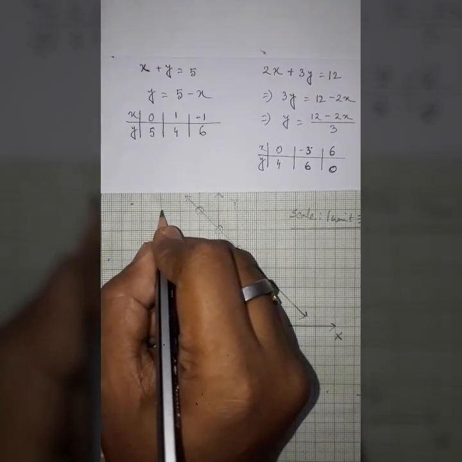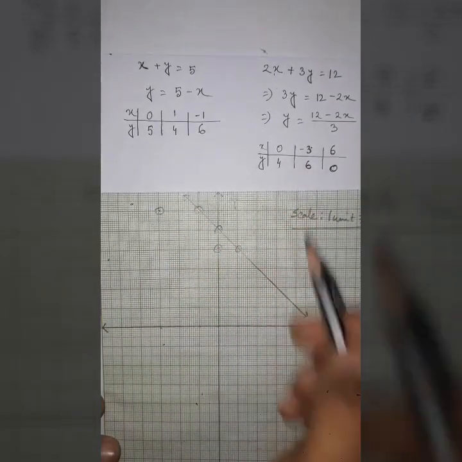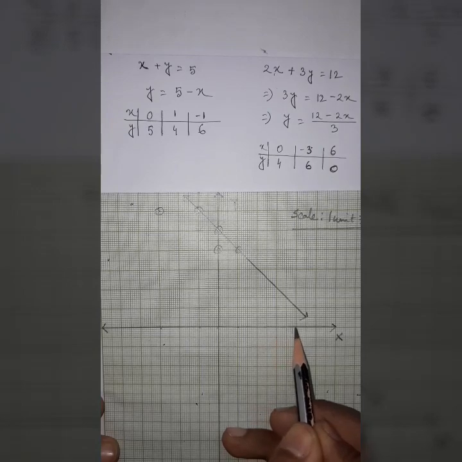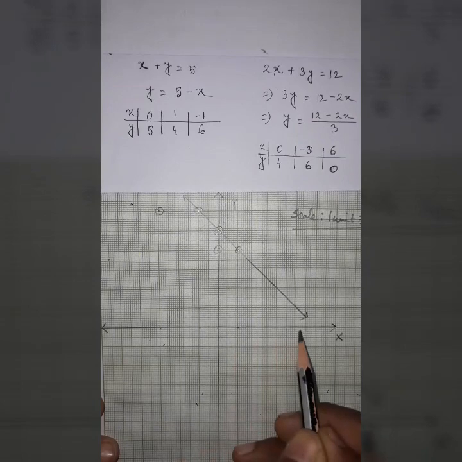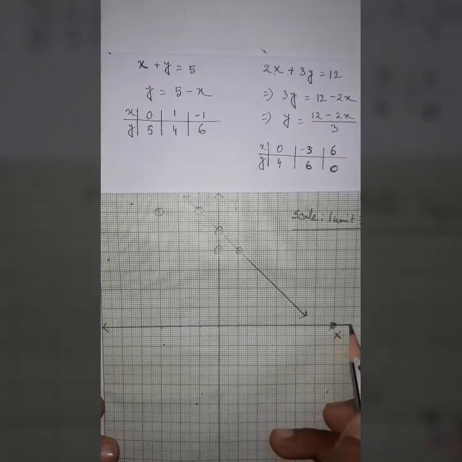This is the point which represents minus 3, 6. Then x equal to 6, y 0, 1, 2, 3, 4, 5, 6.